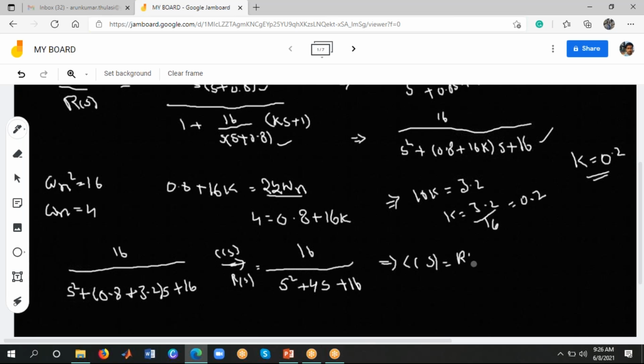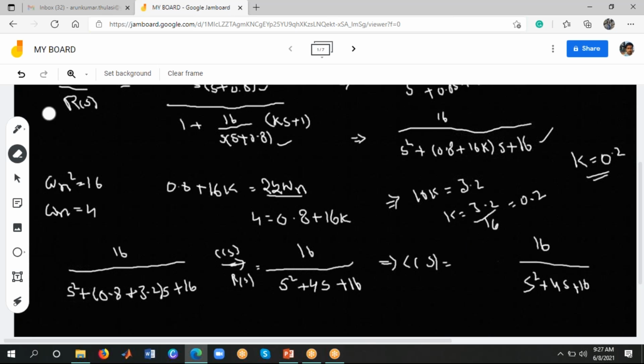C of s is equal to R of s into 16 divided by s square plus 4s plus 16. Here, what is the value of R of s? That is the unit step input, right? So you'll get 1 by s.